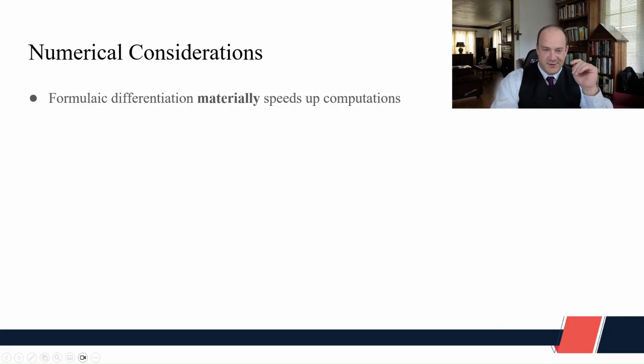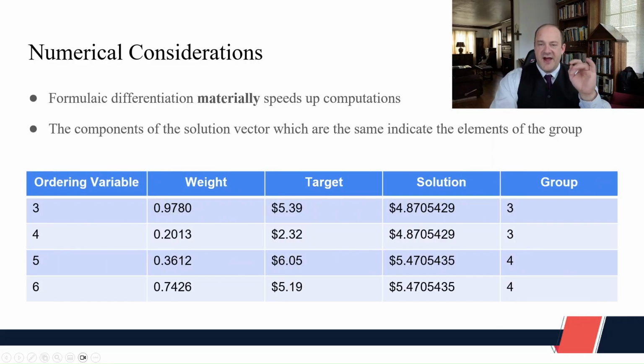We'll see that momentarily. The other thing is, we sloughed over this detail previously, but we should talk about it now, and we'll see this in Excel: the components of the solution vector, we said, which are the same, indicate the elements of the group. This is going to be the outcome of some of the Excel work that we're doing.